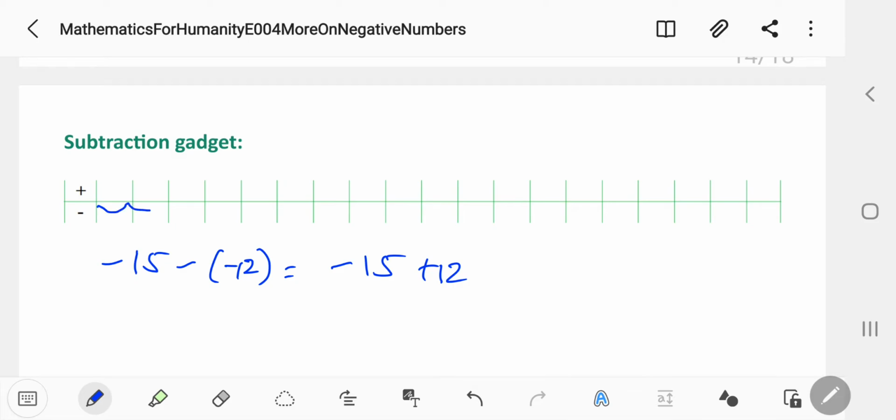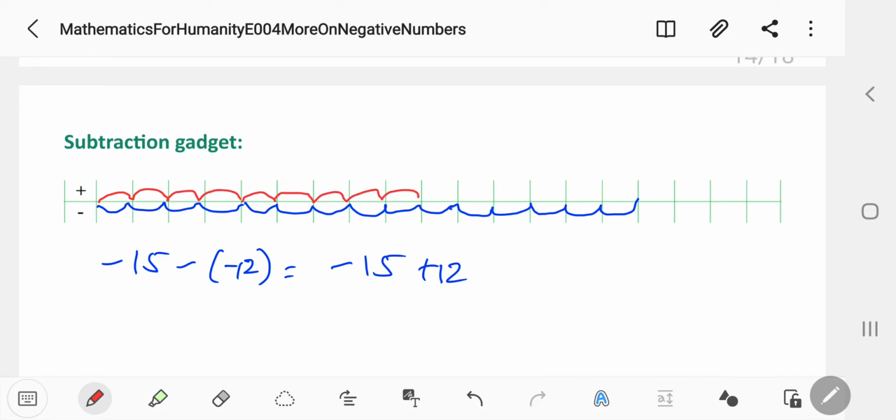This is 1, 2, 3, 4, 5, 6, 7, 8, 9, 10, 11, 12, 13, 14, 15. That's the negative number, and then the upper number would be 12. So you have 1, 2, 3, 4, 5, 6, 7, 8, 9, 10, 11, 12.